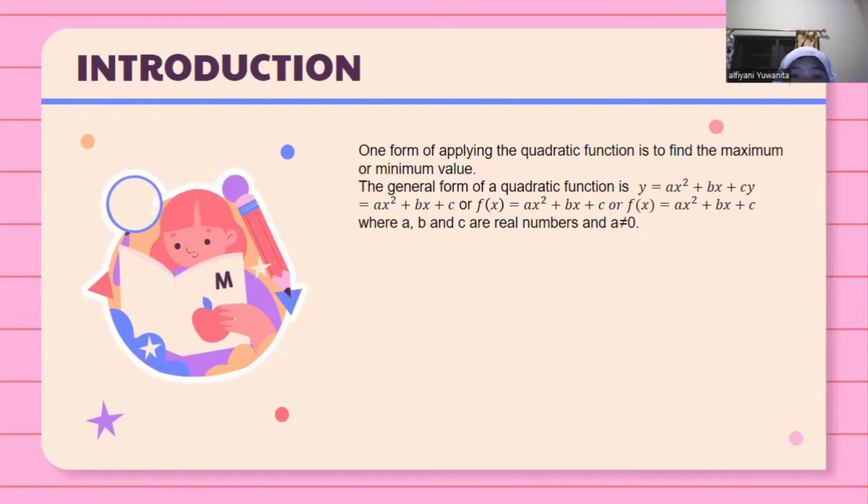The general form of a quadratic function is y equals ax squared plus bx plus c, or f(x) equals ax squared plus bx plus c, where a, b, and c are real numbers and a is not equal to 0.